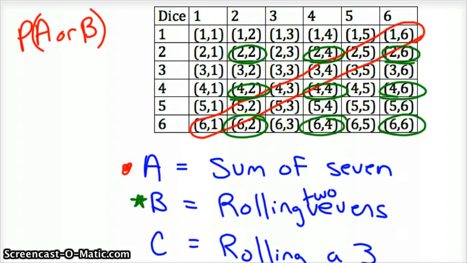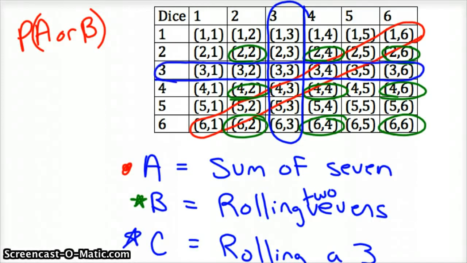And then C is rolling a 3. We'll do that one in blue. So rolling a 3 is everything in this row and everything in this row, or everything in that column and everything in this row. I guess that doesn't count. Just be careful that you don't count the 3, 3 twice.